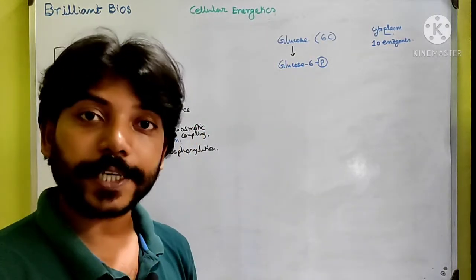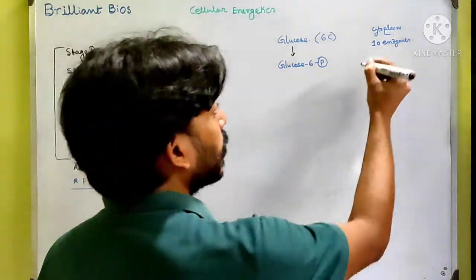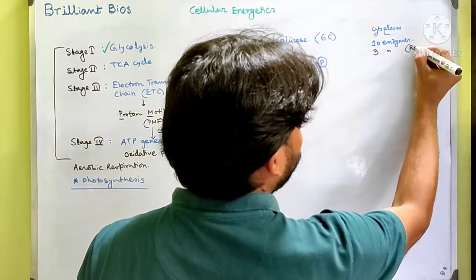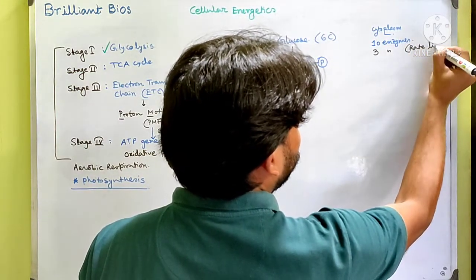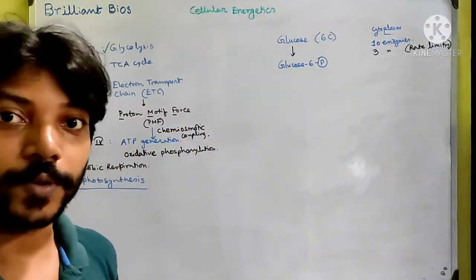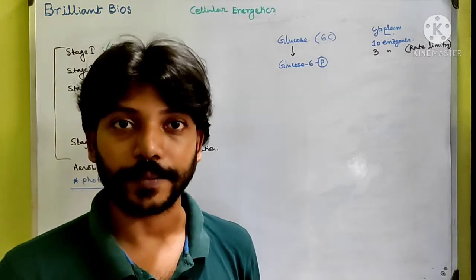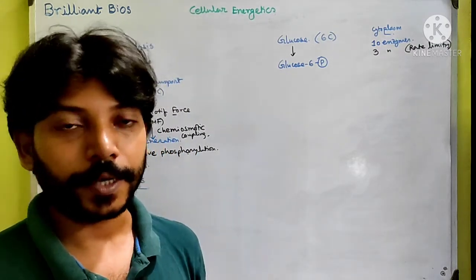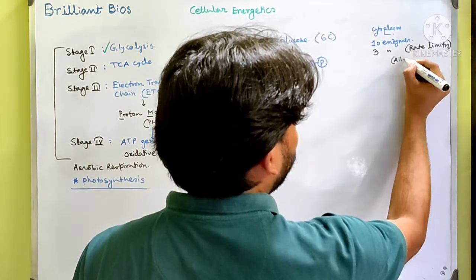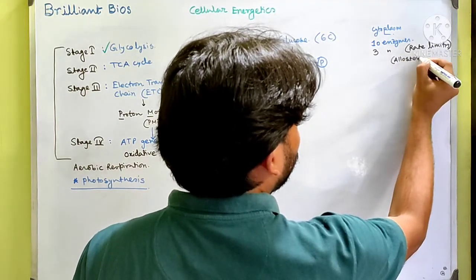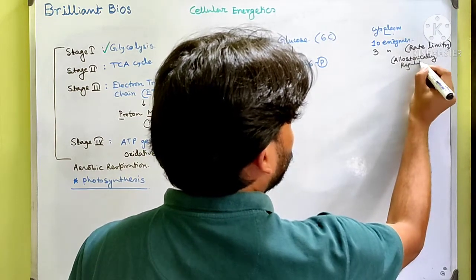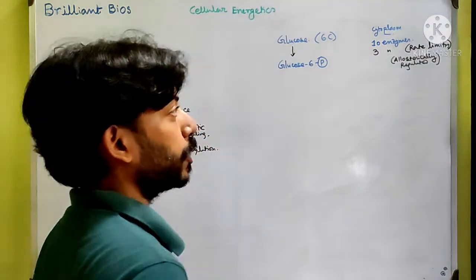Among these 10 enzymes, 3 enzymes are most important because they are called rate limiting enzymes, that actually maintain the total process. 3 enzymes are rate limiting enzymes. Why are they called rate limiting? Because they are allosterically regulated. So it is called a rate limiting enzyme.